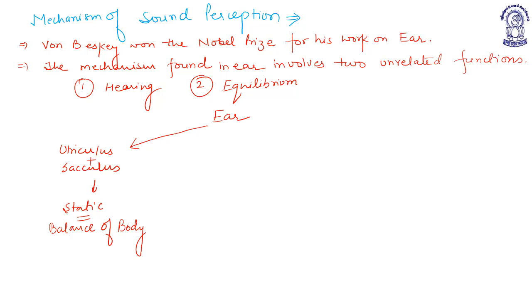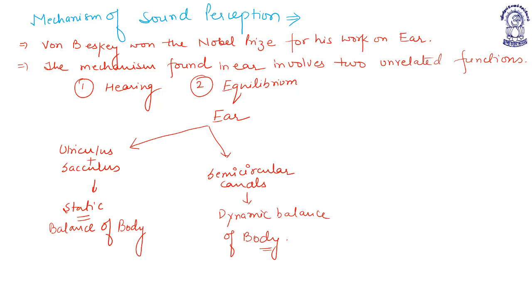Then the semicircular canals are for dynamic balance, and the cochlea is the organ of hearing.